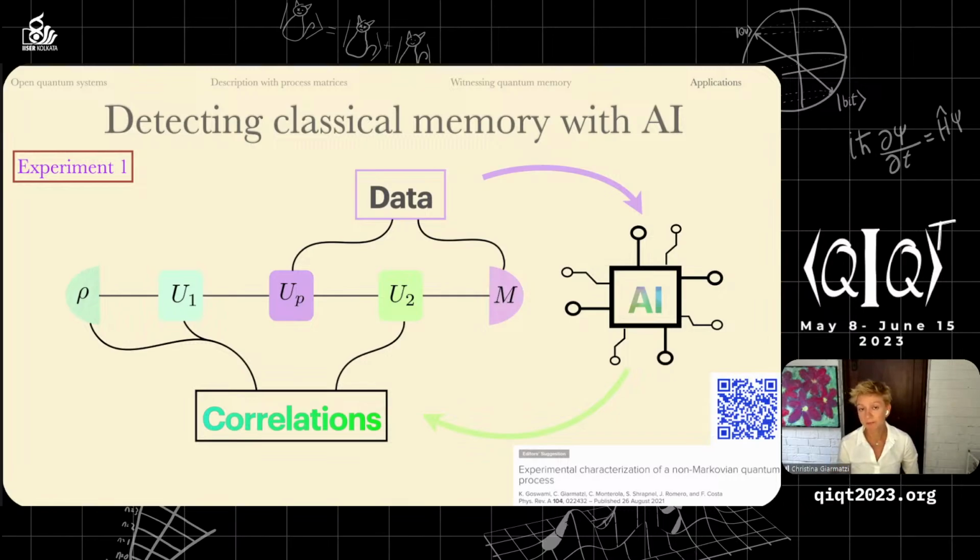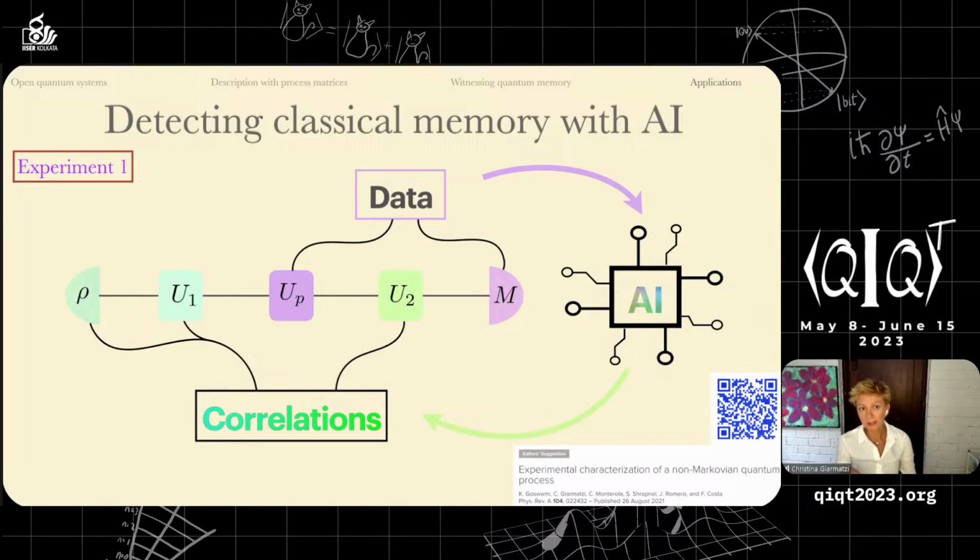So since we had here classical memory and we don't have a way to detect that, then we thought we use AI, which means you take the correlations there, you have the process matrix, you know what correlations it has, so you know the amount of classical memory if you want, and then you have the data. So you put the data into an AI machine and you train it, you tell it, this is the data, this is the process matrix, it has this amount of non-Markovianity.